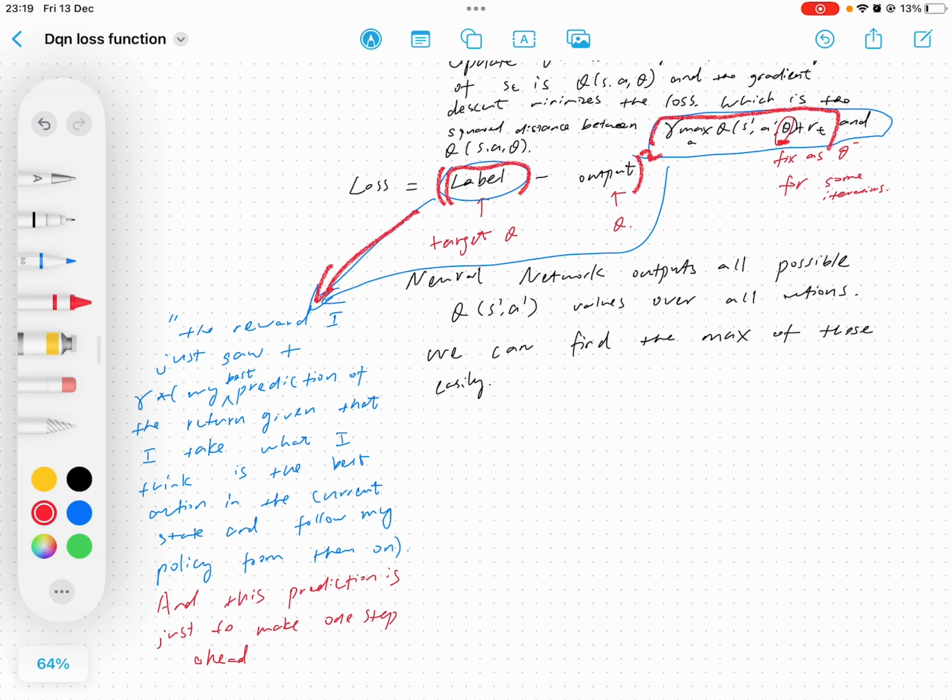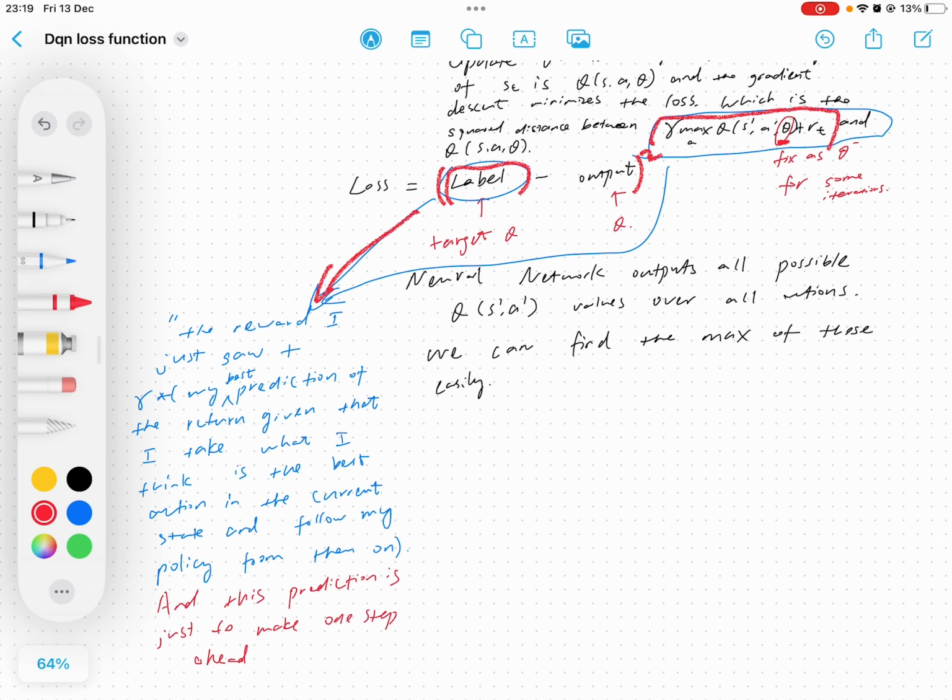So in plain English, it's saying that the reward the agent just saw, which is RT, plus gamma, the discount factor, times something else. This would be the best prediction of the future return, given that I take what I think would be the best action in the current state.